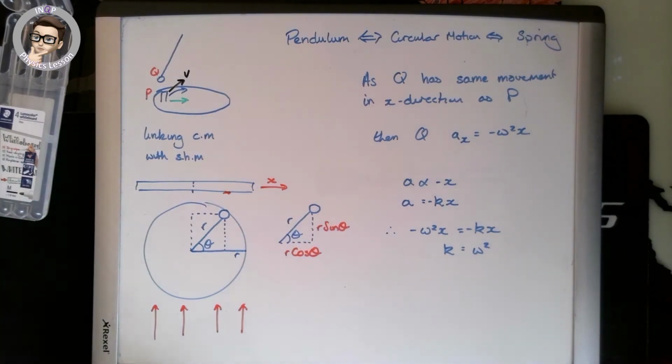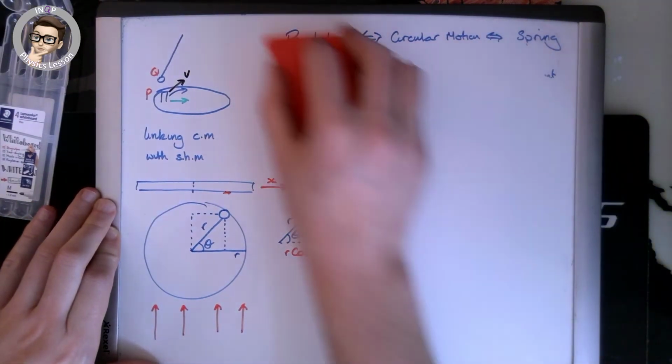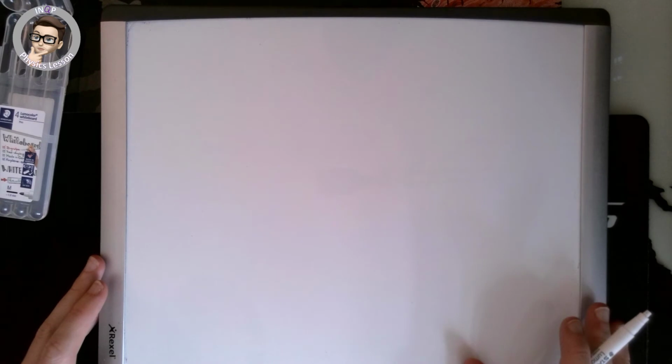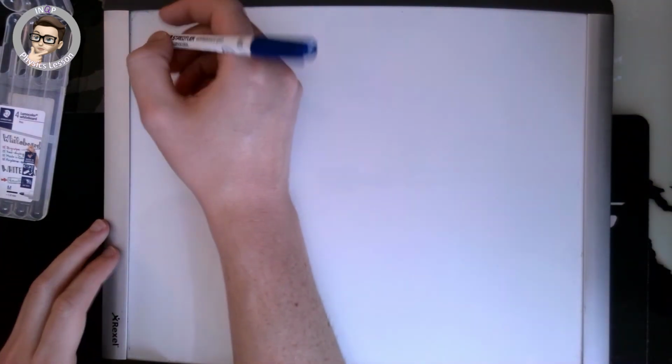Okay, so now let's relate it to a sine curve, because we know what this displacement looks like at every stage in a simple harmonic motion.